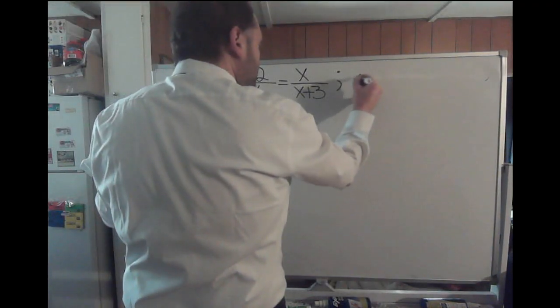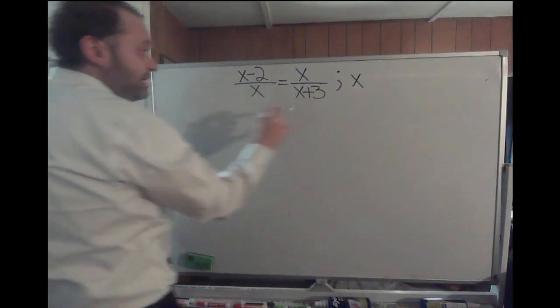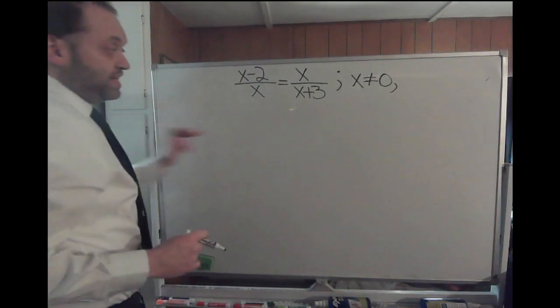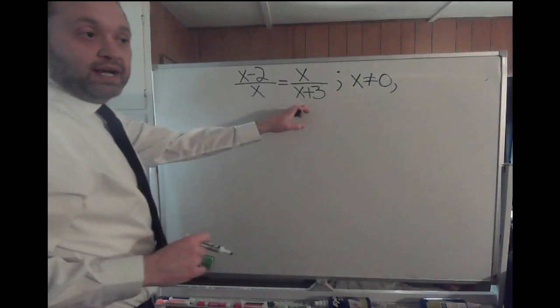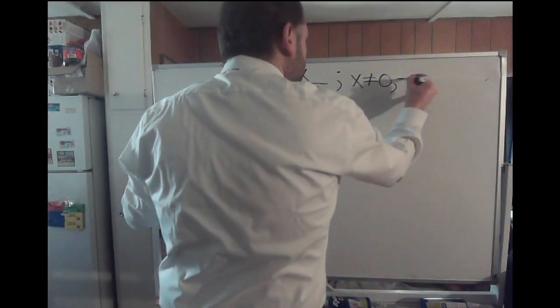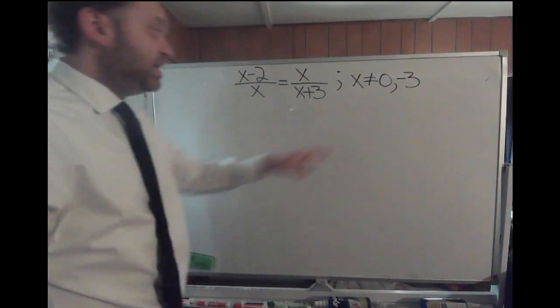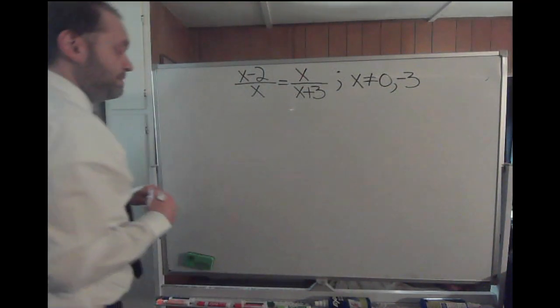We set x equal to 0, you get 0 in this denominator, so we cannot allow x to be 0. You set x plus 3 equal to 0, you get x equal to negative 3, so x can also not equal negative 3. So x cannot equal 0 or negative 3.